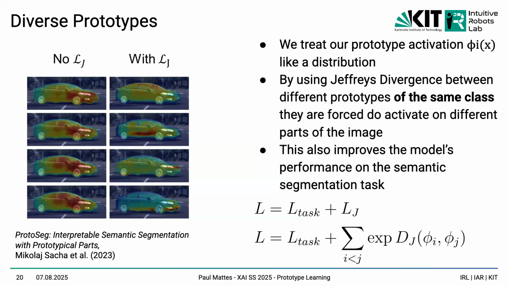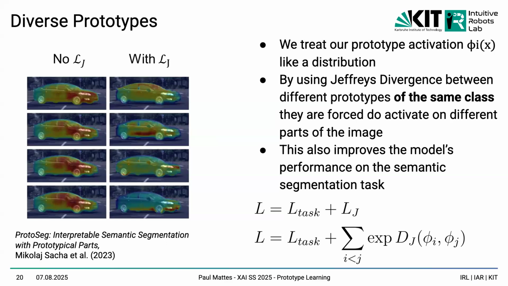Maybe some kind of stupid, maybe meta question for the segmentation prototyping. I would now ask myself, why did it decide to use those prototypes? Because, for example, on the bottom, the one which shows the front and a little bit of the bottom, I would not know why we decided that this is an important prototype for identifying a car, and why, for example, it did not focus on the tires.